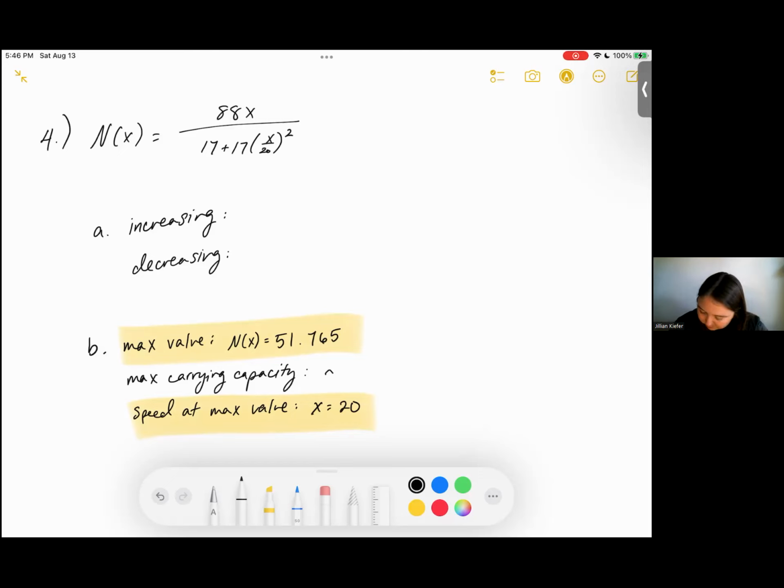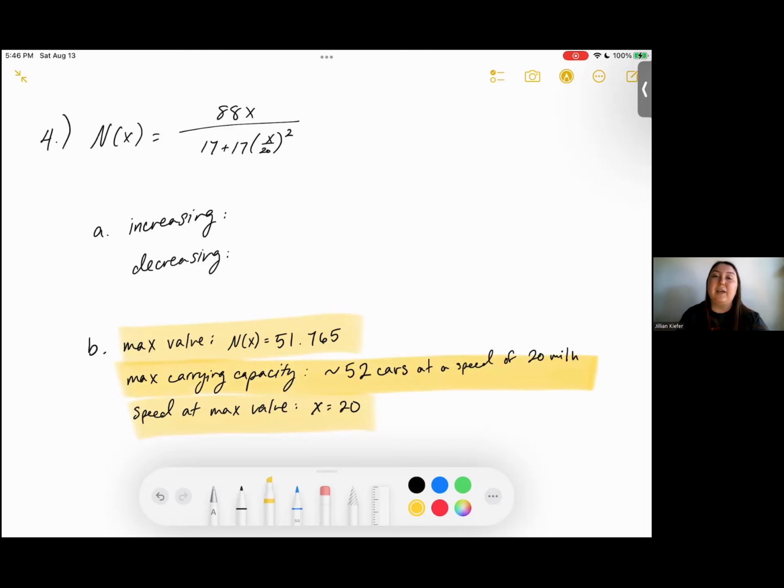We're going to write about 52 cars, and we'll throw in at a speed of 20 miles per hour. So there we go. We've answered our question for part B.